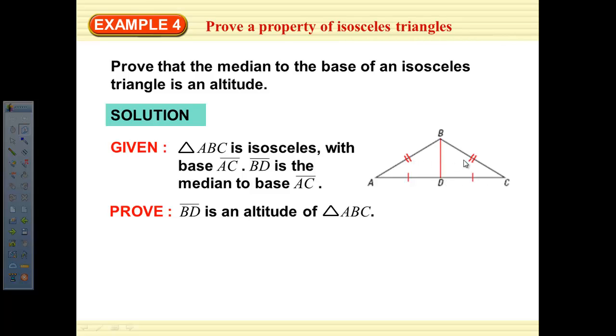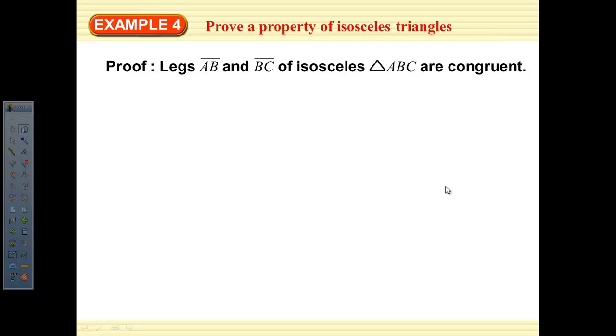Therefore, the two triangles are congruent by side, side, side. And then we would state that these two angles, BDA and BDC, are congruent. We can also state that they're supplementary, and if they're supplementary and congruent, they have to be right angles. So let's see what this would look like. And if they're right angles, then it's an altitude.